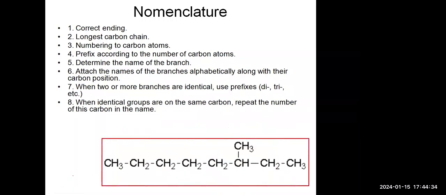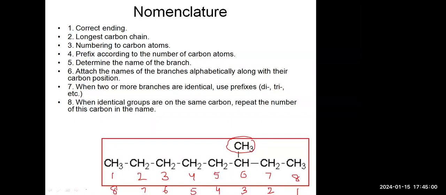Okay. This is 1, 2, 3, 4, 5, 6, 7, 8. If we count like this, the branch is on the sixth carbon. But if we count in reverse, 1, 2, 3, 4, 5, 6, 7, 8, the branch is on the third carbon.